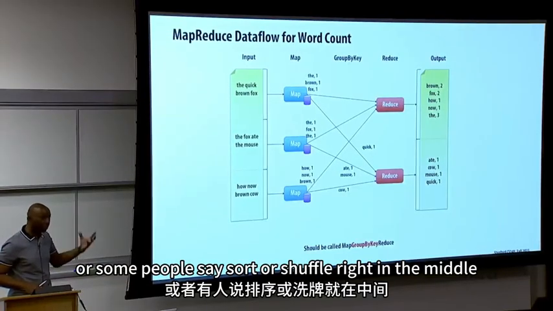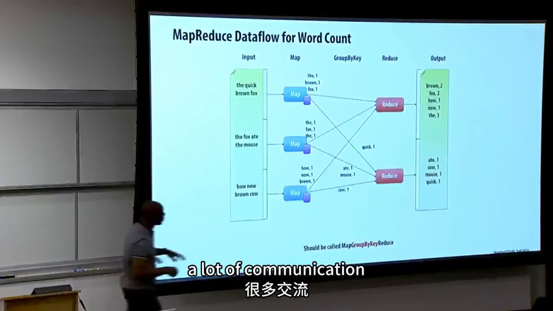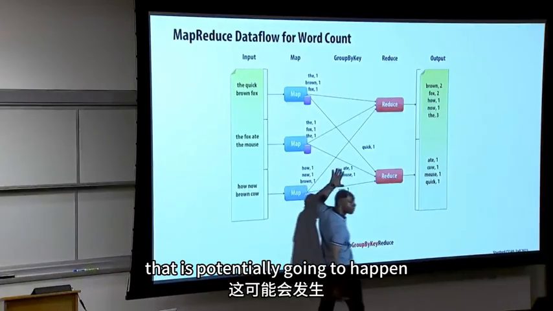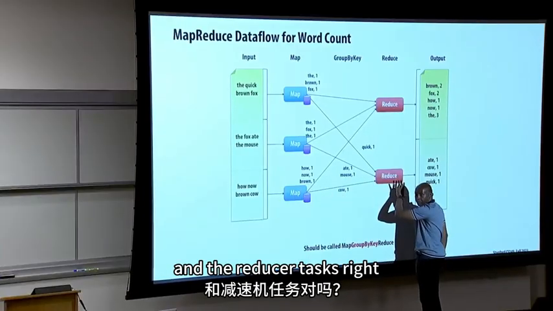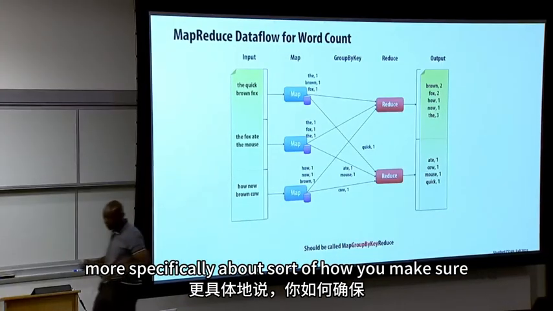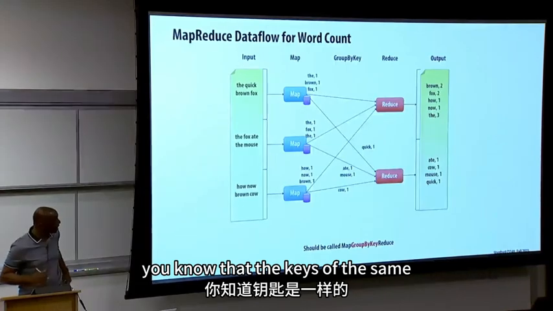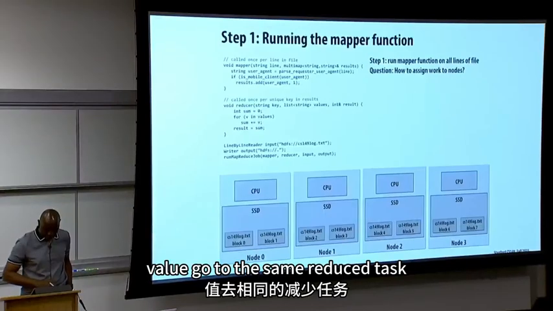Some people call it sort or shuffle. In the middle, you've got a lot of communication that is potentially going to happen between the mapper tasks and the reducer tasks. We're going to talk more specifically about how you make sure the keys of the same value go to the same reduce task.